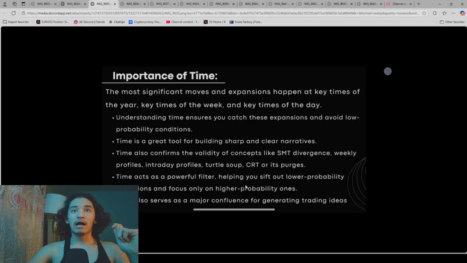Time acts as a powerful filter, helping you sift out lower probability conditions and focus on only higher probability ones, right? Time also serves as a major confluence for generating trade ideas, right? As you can see, it's a powerful filter helping you sift out lower probability conditions and focus on higher probability ones, right?